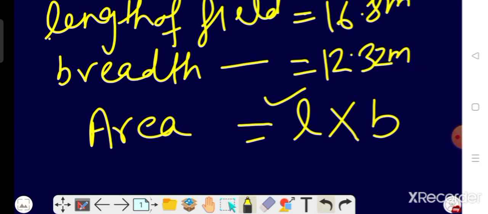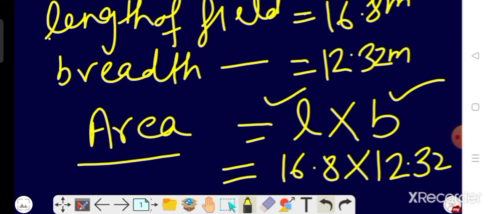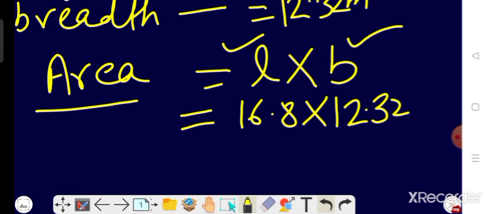Here we have been given length and also breadth. So to find the area, what do we have to do? We have to multiply length by breadth. So 16.8 multiplied by 12.32. After multiplying these two decimal numbers, what do we have?